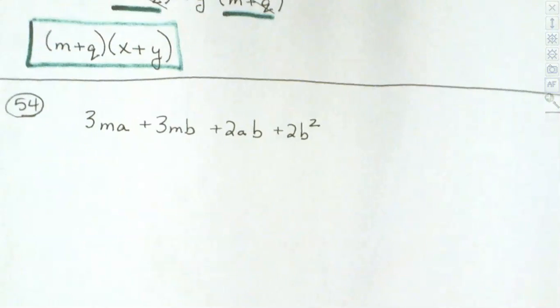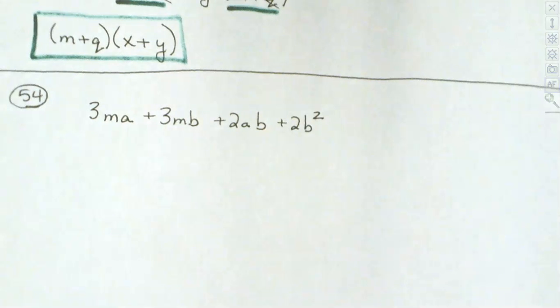And so the first thing we look at is we look at all of it together. Nothing comes out, right? Because there's no variable in every single piece that's the same, and there's no numbers that have anything in common, because you've got 3's and 2's, they have nothing in common. So you always look at the entire part first to see if you can factor out a greatest common factor.